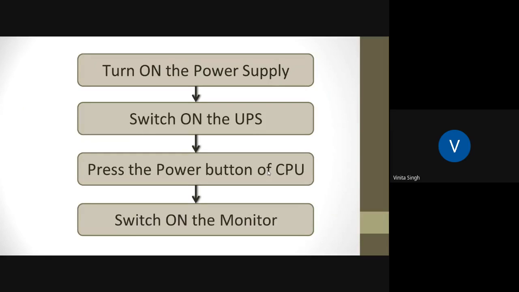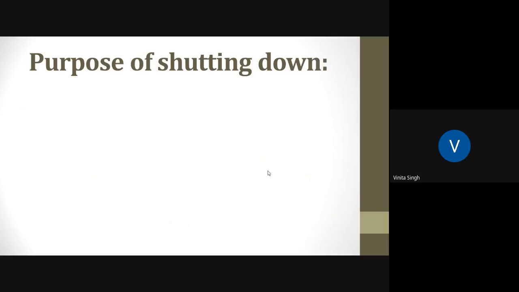Now, after doing your work, you have to switch off your computer, or else your computer system may not function properly. It may face some performance problem or the loading problem, which a computer usually faces.